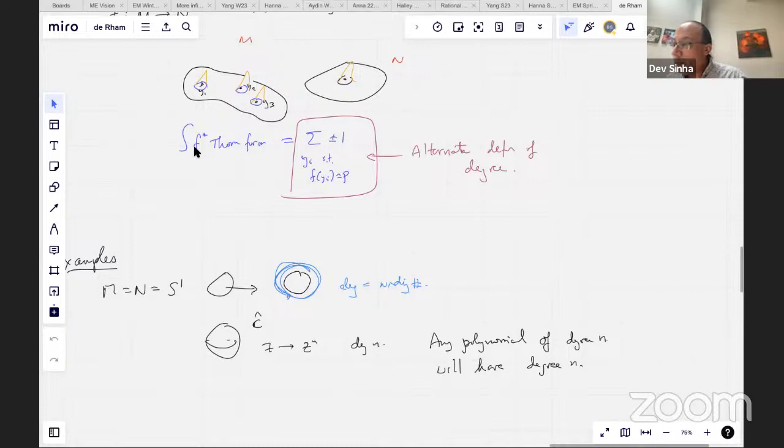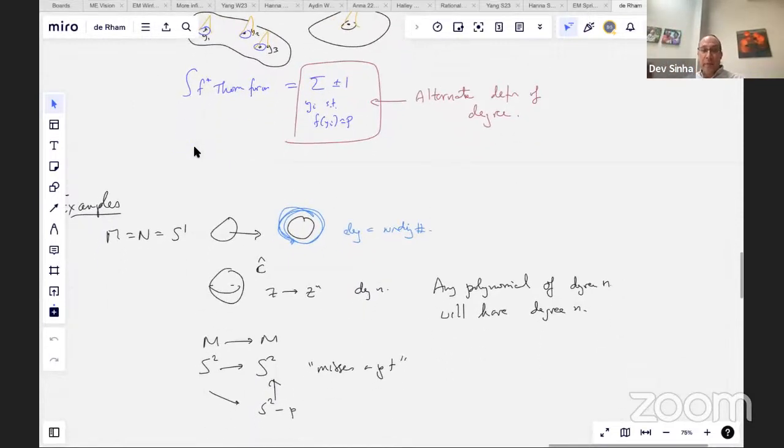What's another one? If any map from S2 to itself, or any M to M, misses a point, in other words, it maps to S2 minus any P, well, I could use that P as my point in the domain that I'm pulling back around, and it has degree 0.